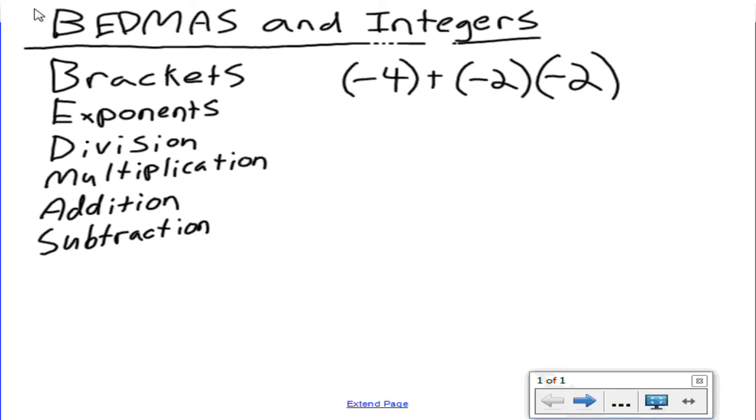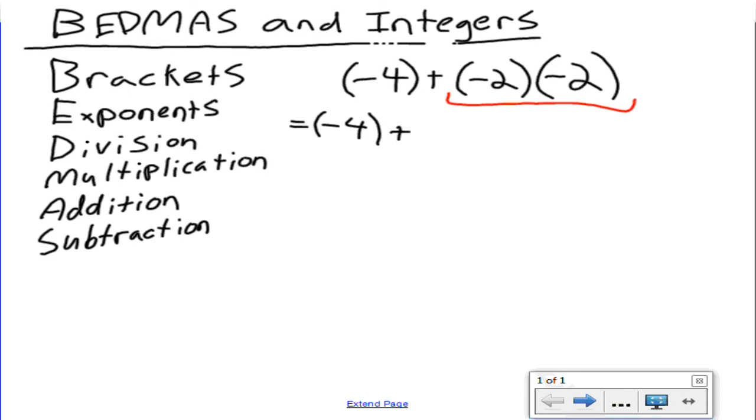Instantly, what you need to recognize is that that's multiplication. So that's our first step. Our first step is doing multiplication. So my next line is going to read -4 plus -2 times -2.